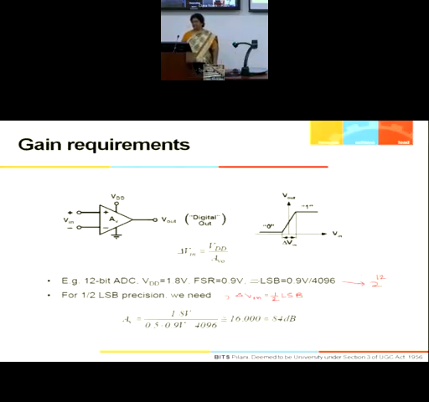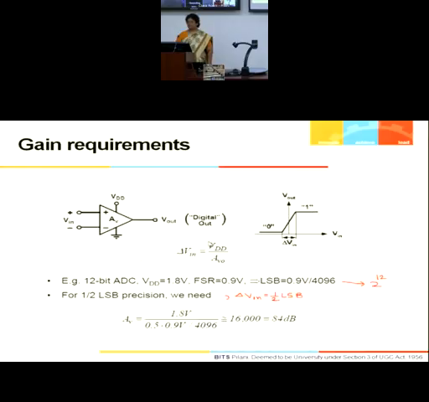Let us see how to understand the design of a comparator in this. If I represent it as a block with a certain gain AV, the difference in the inputs as Vin, and output as Vout, then if delta Vin is the difference between the two signals and the output goes to full VDD, the output changes to logic 1 or the highest voltage.